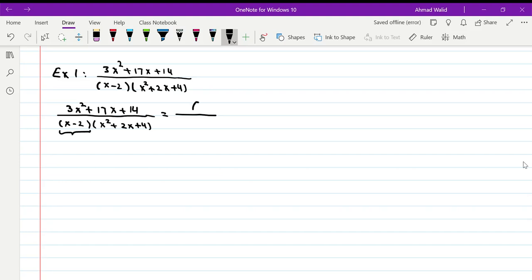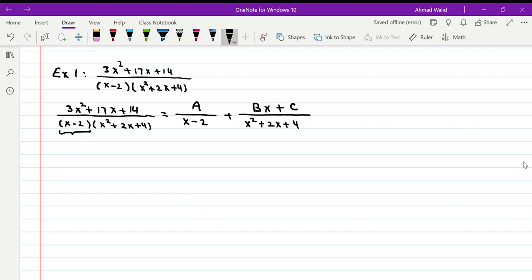Then numerator becomes a constant a, denominator your factor, x minus 2. Plus your second fraction, your denominator is quadratic, x squared plus 2x plus 4. Then in the top I should put linear. I used a, then here bx plus c. That's it. This part was new for you in case 3.